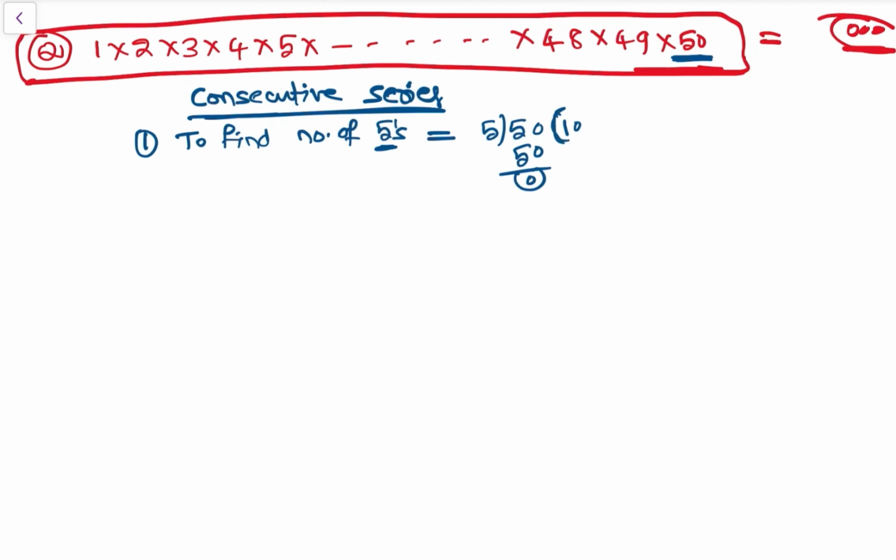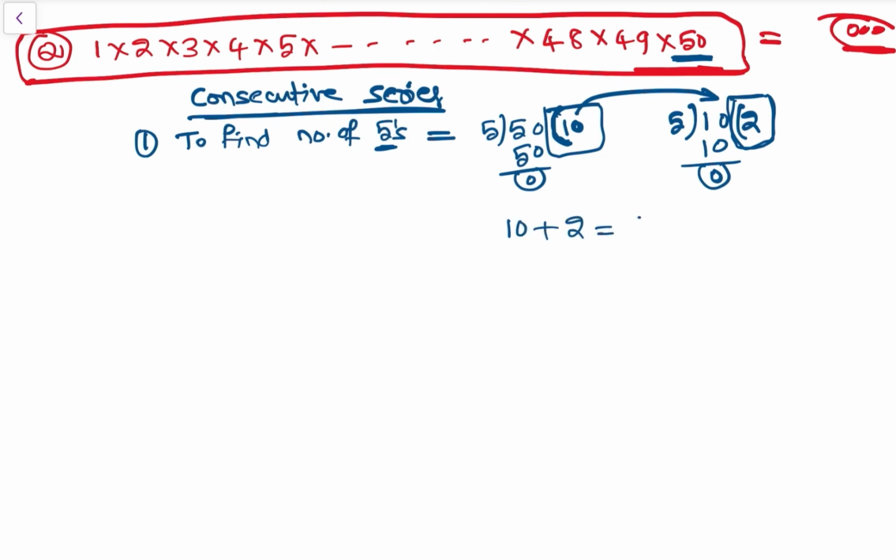So 10 is the quotient. Now this 10 also you need to divide by 5. 5 2s are 10, so remainder 0, and this 2 cannot be further divided. So we are dividing this 10 by 5. Now the number of 5s would be this 10 plus this 2. Whatever quotient comes, the number of fives here is 10 plus 2, that is 12. 12 fives are there, so that is 5 to the power 12 आएगा.